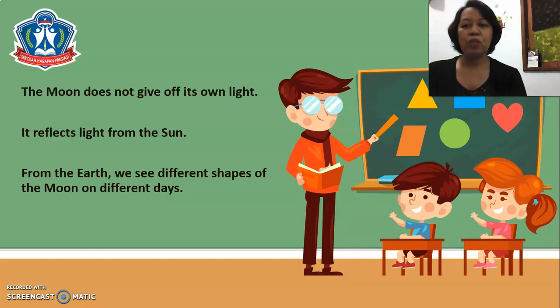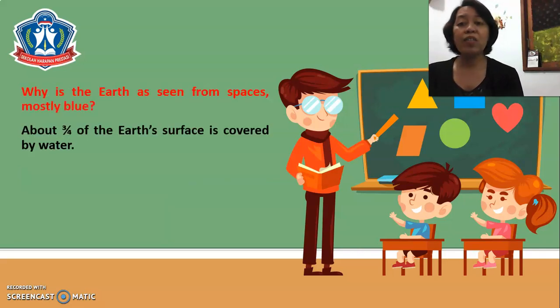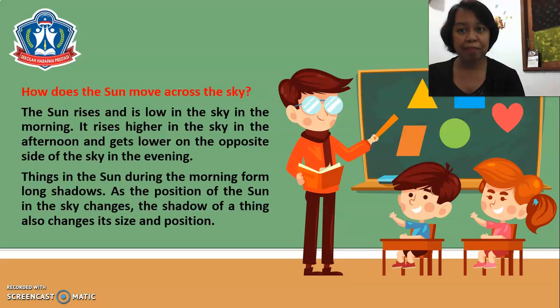From the earth, we see different shapes of the moon on different days. Have you noticed this week? We had a full moon the other night, right? Why is the earth as seen from space mostly blue? Because about 3/4 of the earth's surface is covered by water.